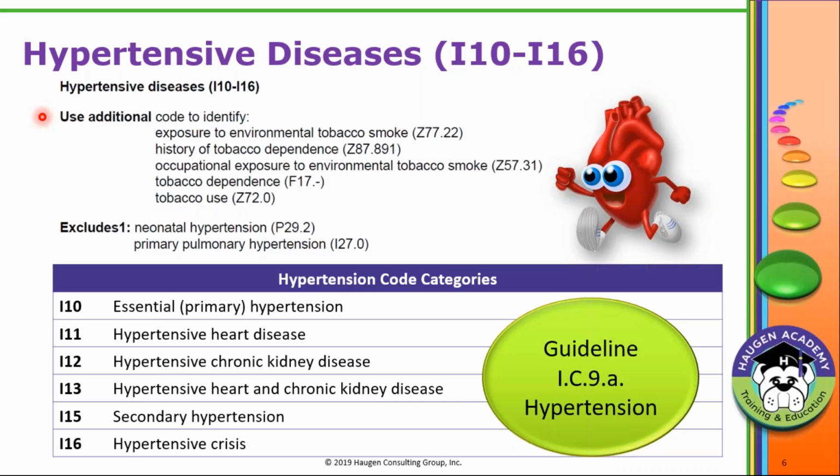And this is a note that we will see for a lot of the cardiac risk factors, or for those cardiovascular diseases where the use of tobacco is a cardiac risk factor, and it's built into the coding system here. So don't forget to add those codes if the patient does have tobacco use or tobacco exposure.